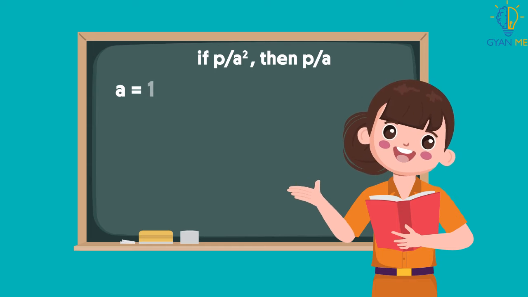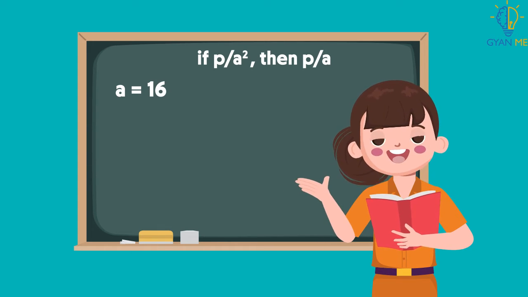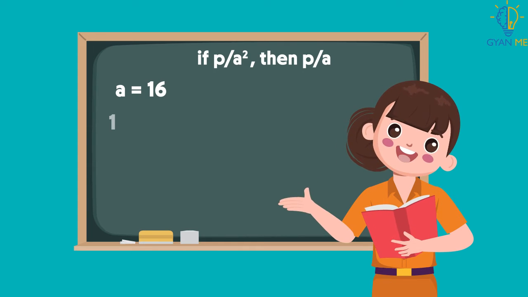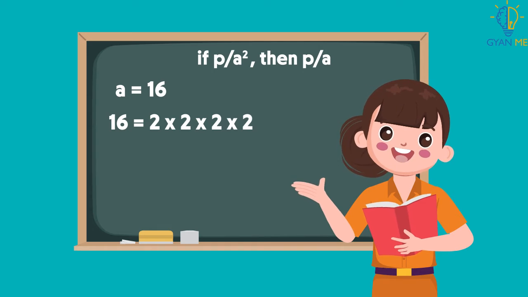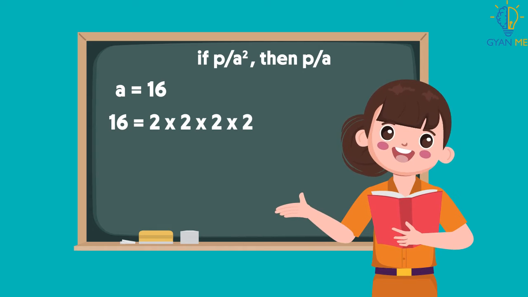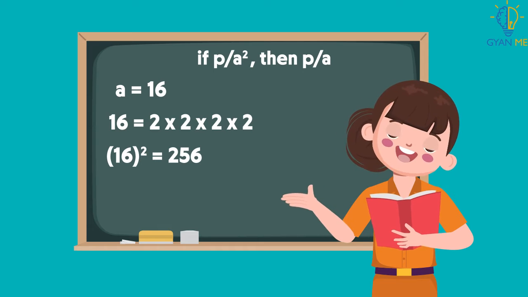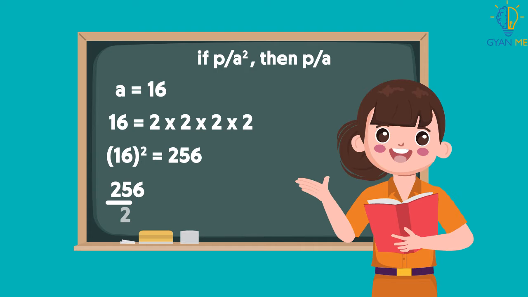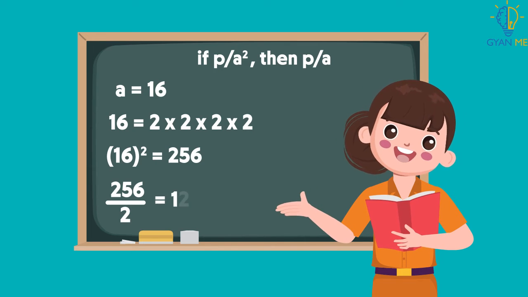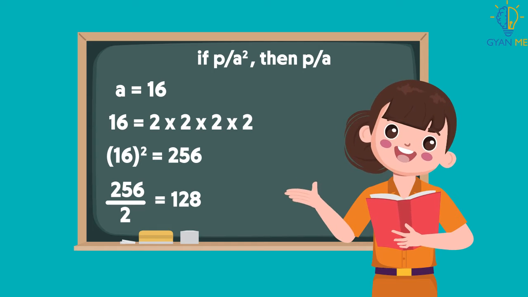Let us take a as any number, say 16. Now write its prime factors. Can you? Yes, it is 2 into 2 into 2 into 2. Now make the square of 16. We get 256. As per the theorem, divide 256 by prime number 2. We will get quotient 128 and remainder 0.